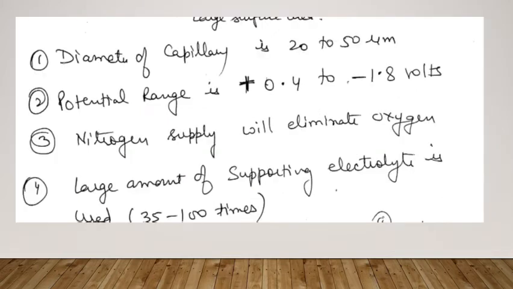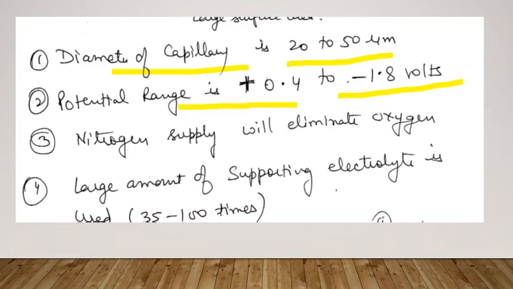The diameter of the capillary we have seen, that is 20 to 50 micrometers, of the DME. The DME capillary is attached to the reservoir of mercury, and its diameter is 20 to 50 micrometers. The potential range is plus 0.4 to minus 1.8 volts. The whole instrument works in this potential range.